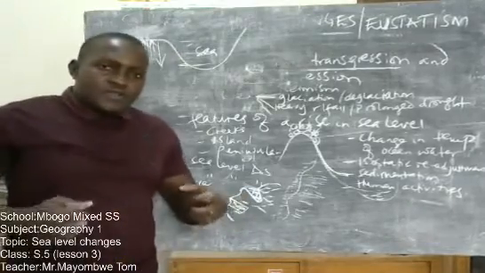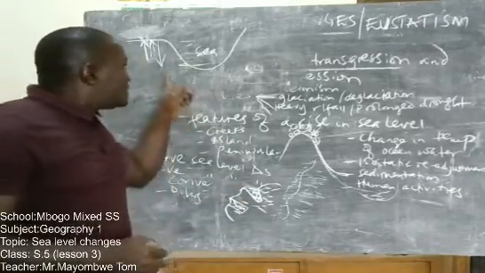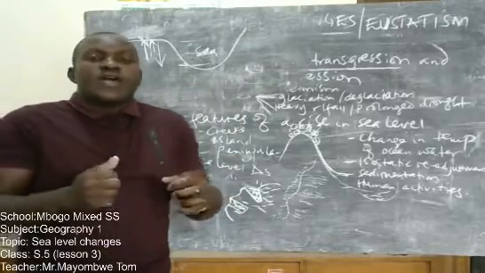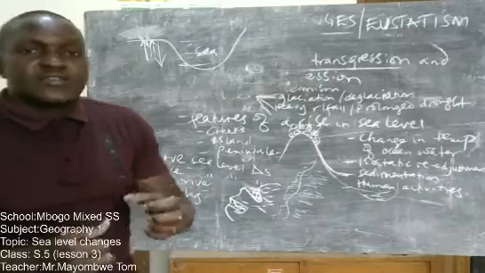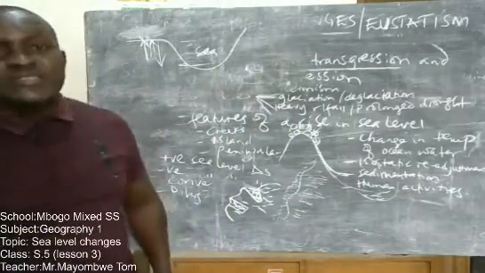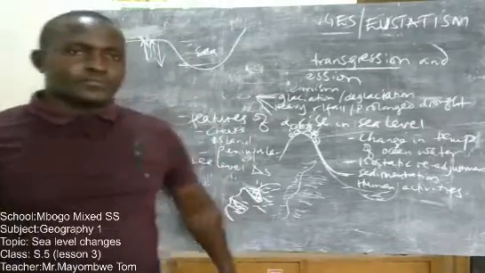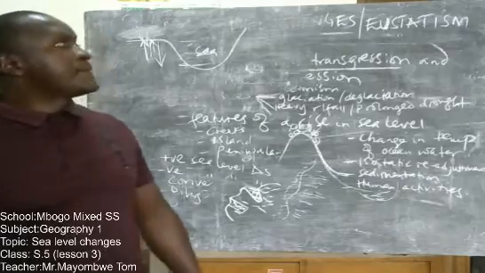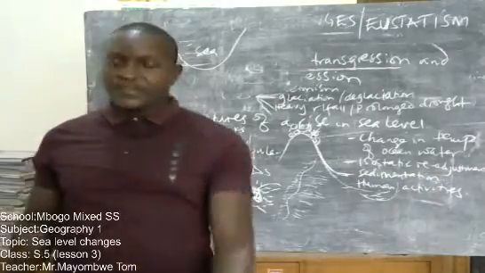The sinking of the land exerts a lot of pressure on the seabed, making it to contract. And when the seabed contracts, the water is pushed upwards, leading to a rise in the sea level. So those are some of the causes of sea level changes.